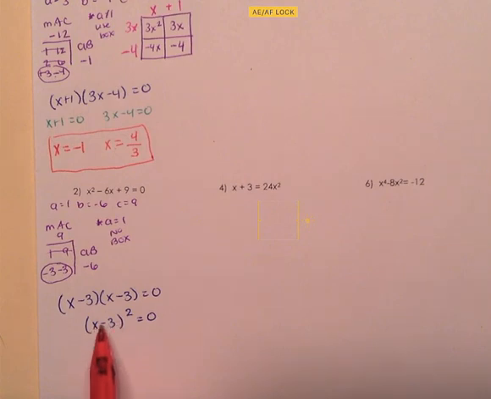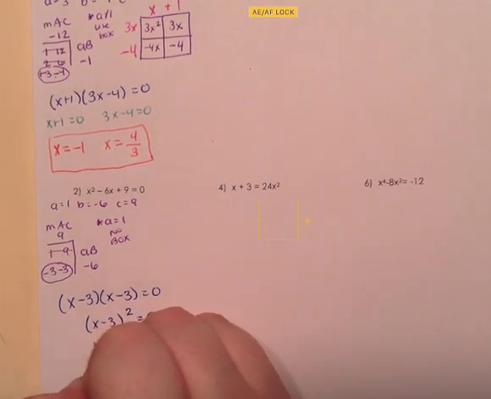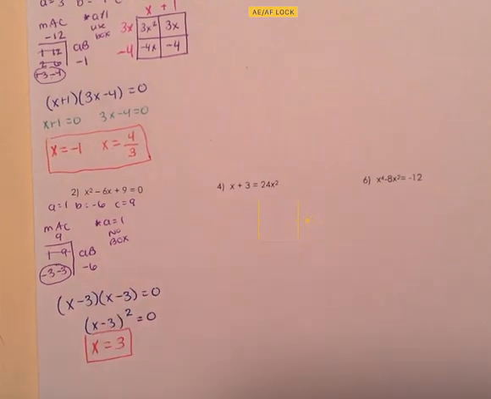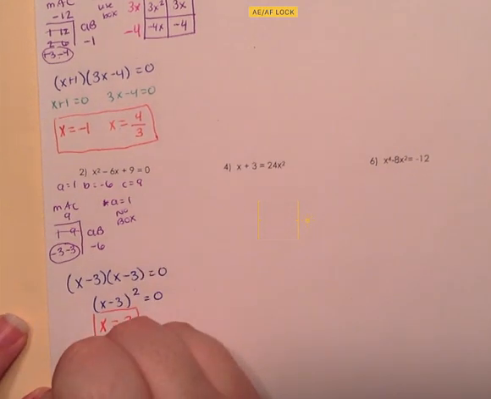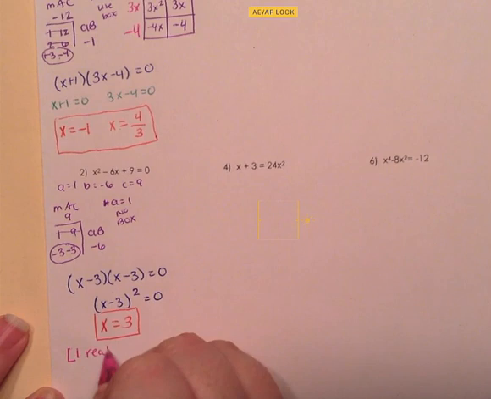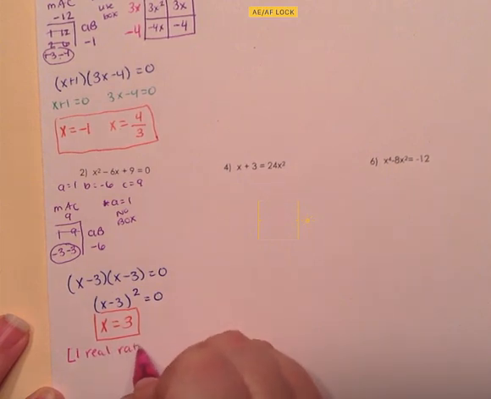3 minus 3 is what gives you 0. So our solution is x equals 3, a positive 3. So again, what that means is that you have only one real rational solution. We know it was going to be real and rational because you could factor it. We have one real rational solution.